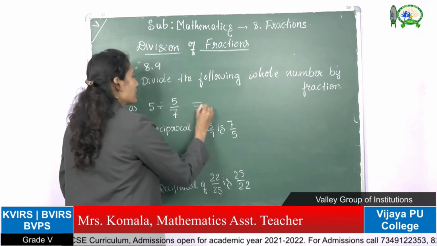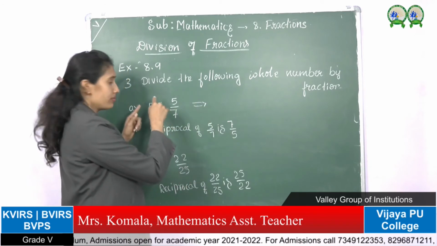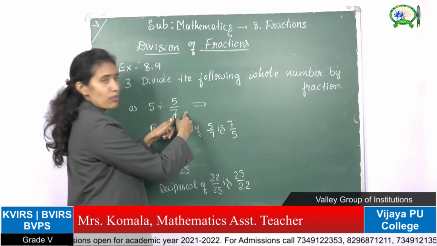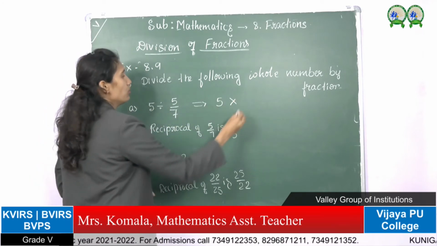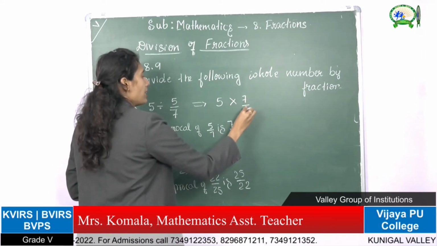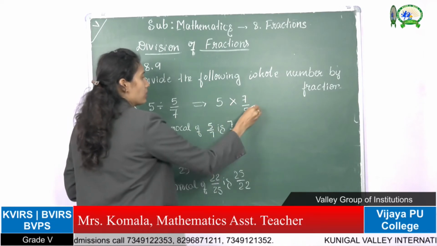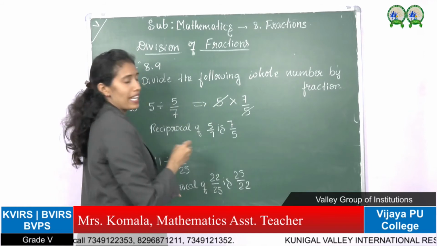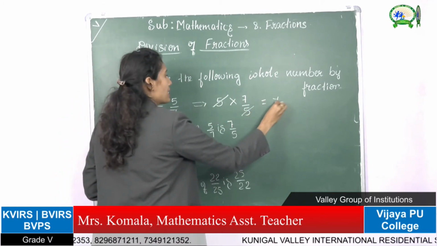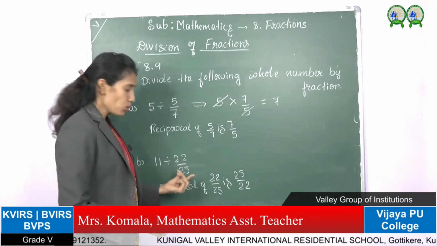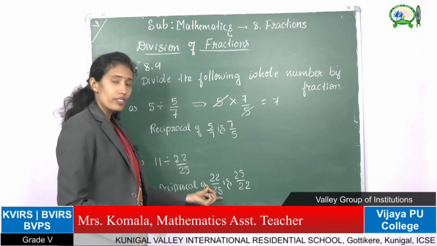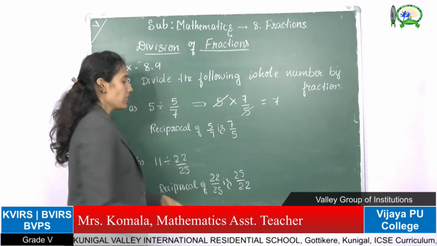Now let us write the product of the fraction and the reciprocal. 5 into 7 by 5. So 5 and 5 will be cancelled. The answer is 7.